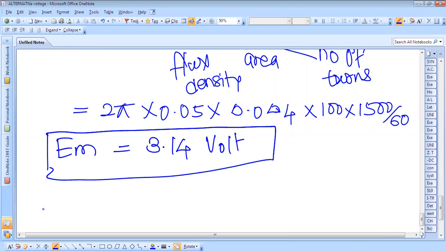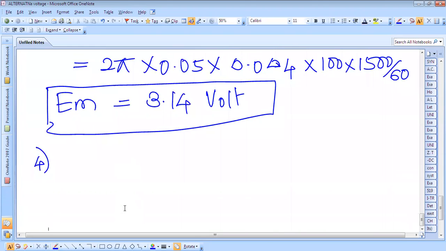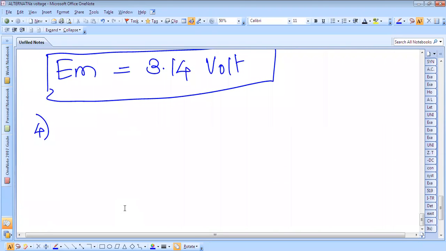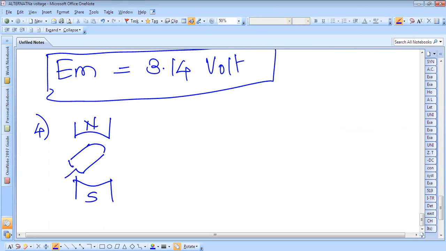Now the next is we have to find the value of generated EMF when the coil has rotated through an angle. So you know that we have to place the coil in the magnets. Magnets are like this, supposed to be N and S poles, and this coil is rotating in this direction.